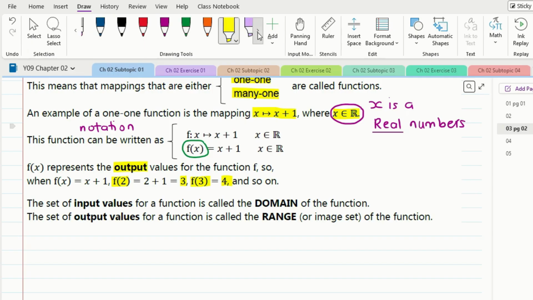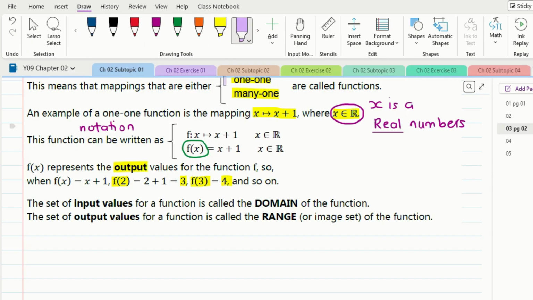Okay, now to make sure that you understand that the function involves sets of numbers or collections of numbers: the set of input values of a function, we call it the domain of the function. As for the output values, we call them the range, or sometimes the image, of the function.